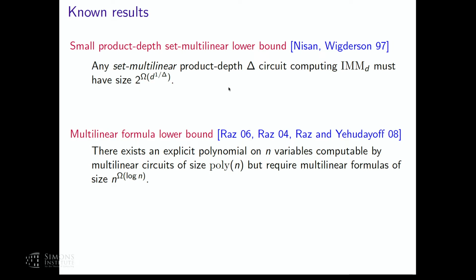Now, this result is similar in spirit, except they get that the polynomial that is hard for formulas is computable by circuits, whereas the polynomial that is hard for formulas in our setting is in fact computable by formulas of little higher depth and polynomial size. So it's related, but their upper bound happens to be a circuit upper bound, ours is a formula upper bound.